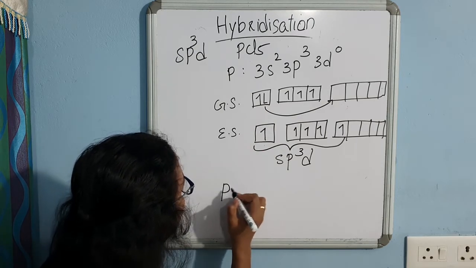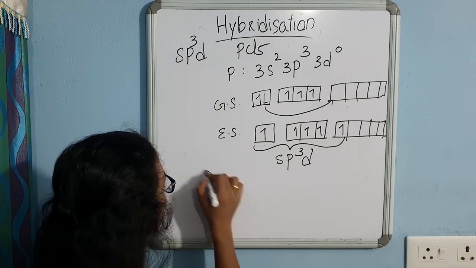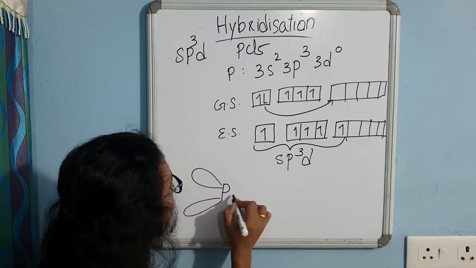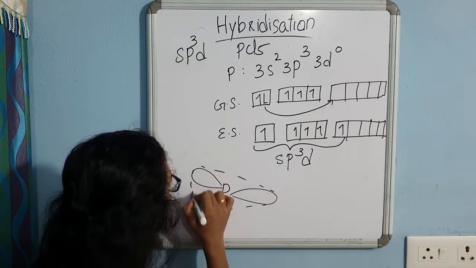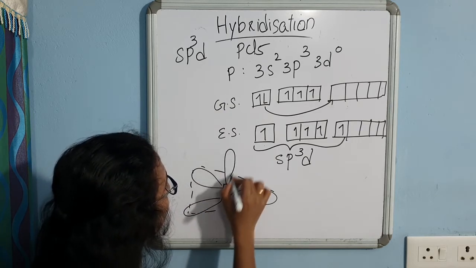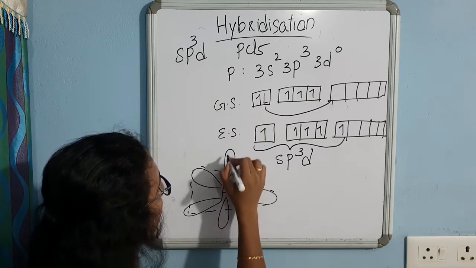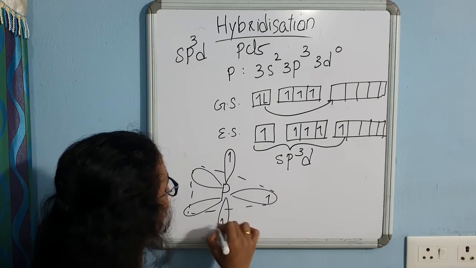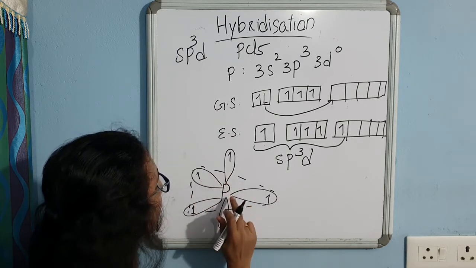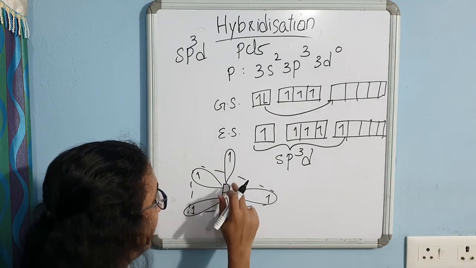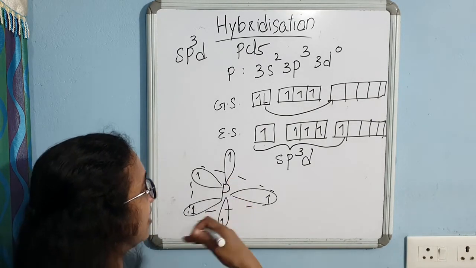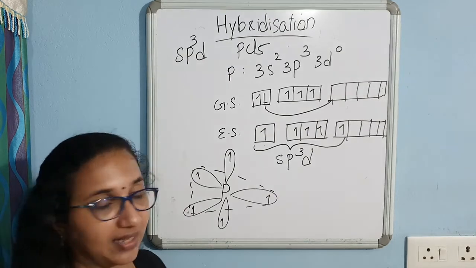So this is the trigonal plane, and bipyramidal means 2 bonds: 3 hybrid orbitals are in the triangular plane and 2 hybrid orbitals are above and below the triangular plane.